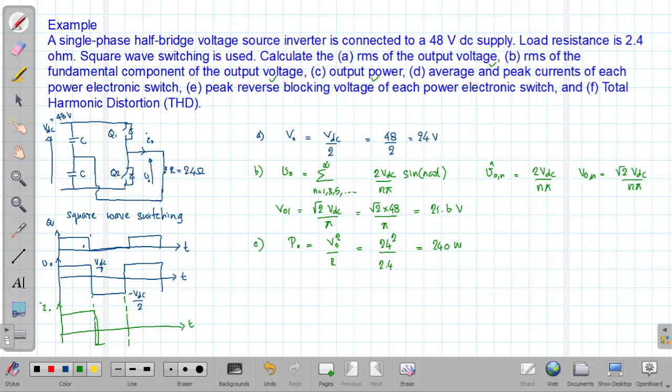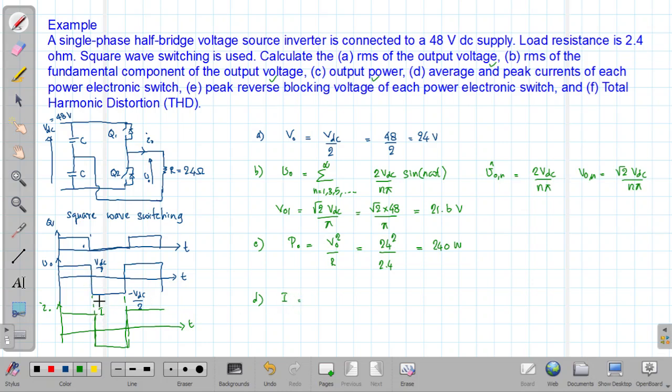So this would be your output current waveform. If I mark this value as I, that is the peak current at one instant.